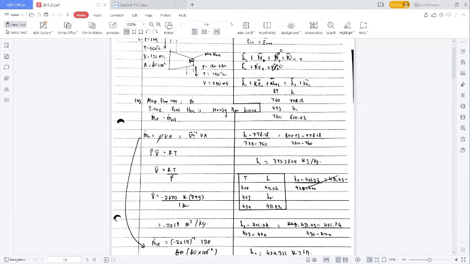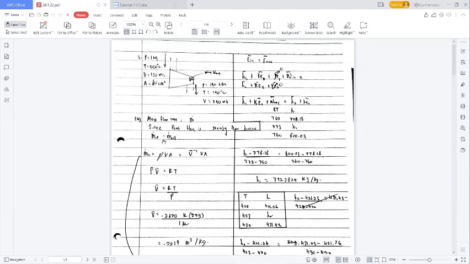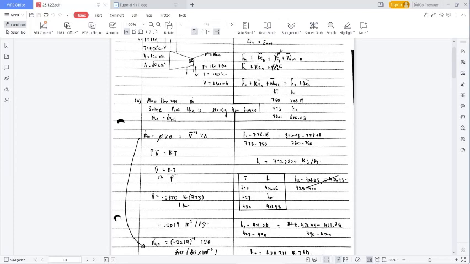Since the density of the air at the inlet is not given, you need to find it out. We can find it using the ideal gas law equation, PV equals RT. Since we are dealing with air, the gas constant R will be 0.287 kJ/kg·K.